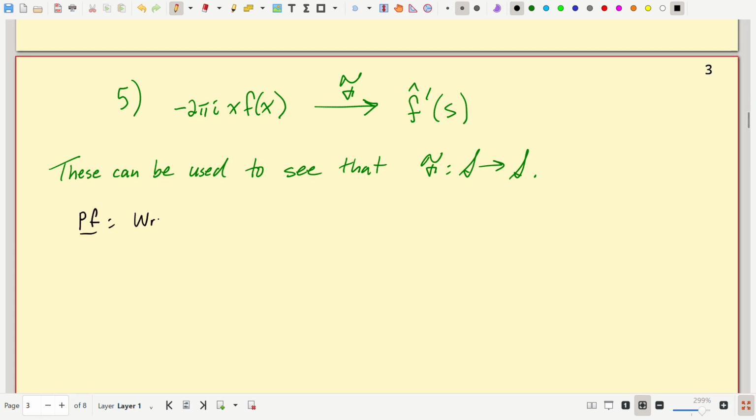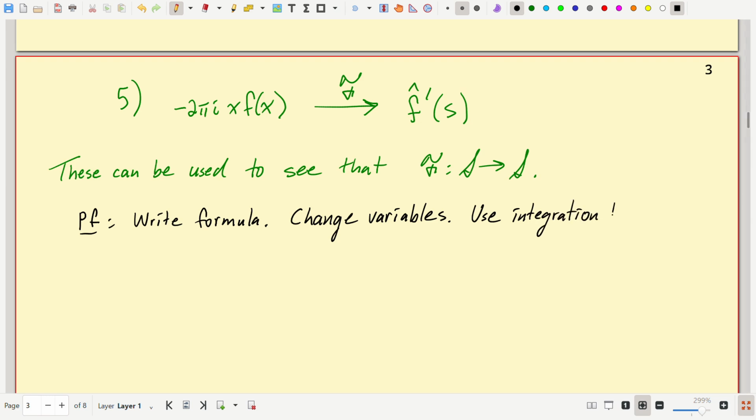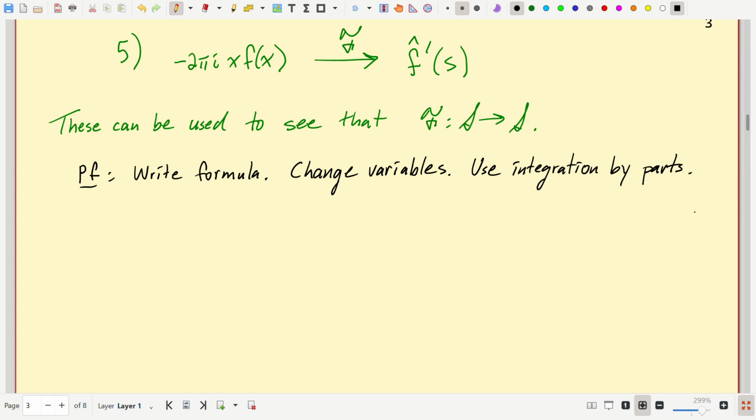You write the formula. Change variables or use integration by parts. It's kind of an obvious change of variables. Use integration by parts when there's derivatives. And the rapid decreasing at infinity means the tail ends of the integrals don't have much of an effect.